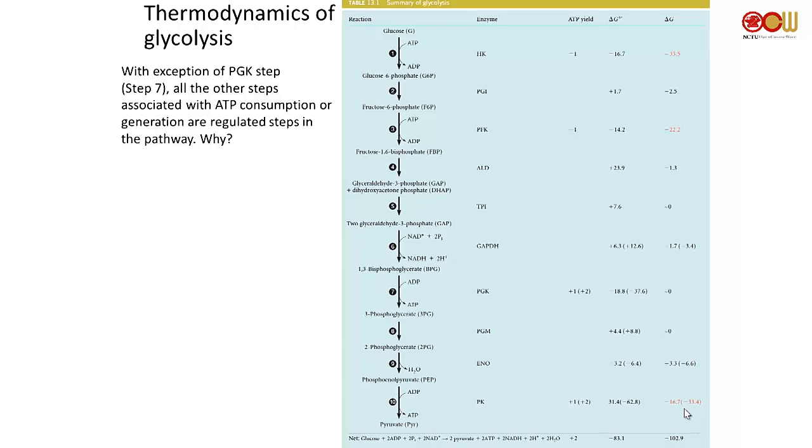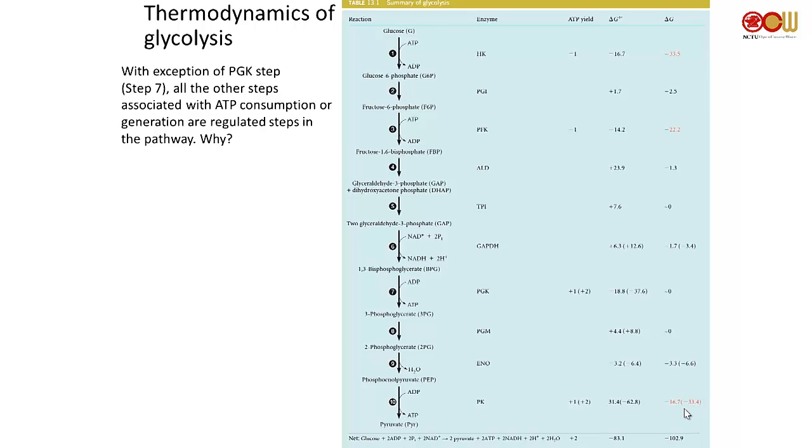Remember that it's the real delta G that determines the direction of your reaction inside the cell. So the real delta G for reaction 1 is approximately -30. It's very large.